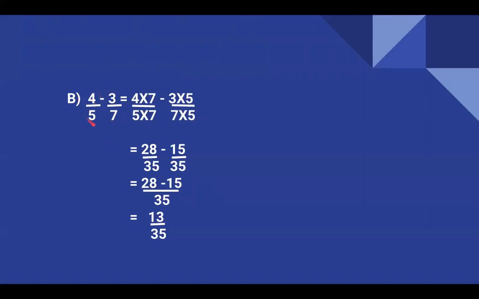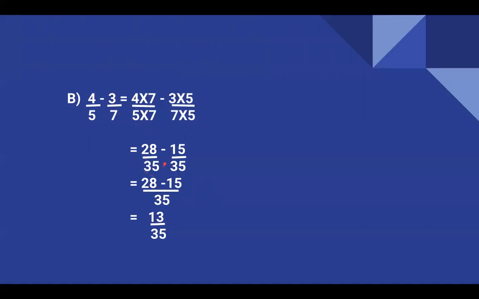So multiply the first fraction by 7, both the numerator as well as the denominator, and multiply the second fraction by 5, both the numerator as well as the denominator. When you do this procedure, you will get 28 upon 35 minus 15 upon 35.